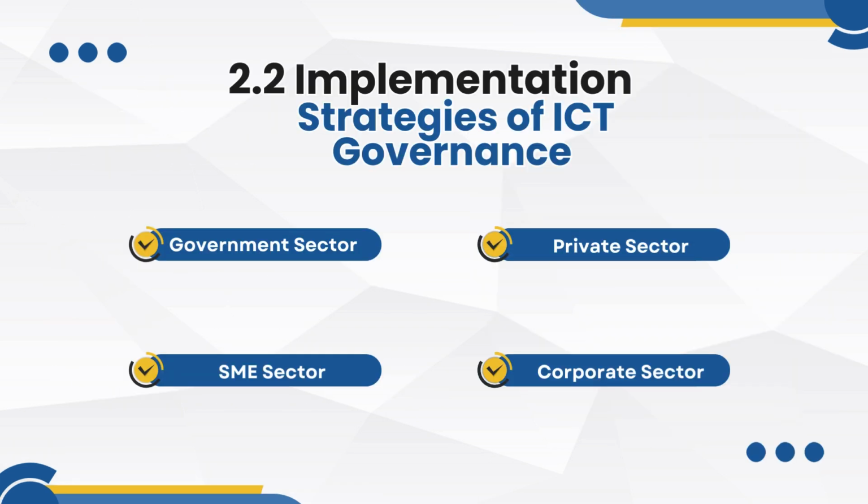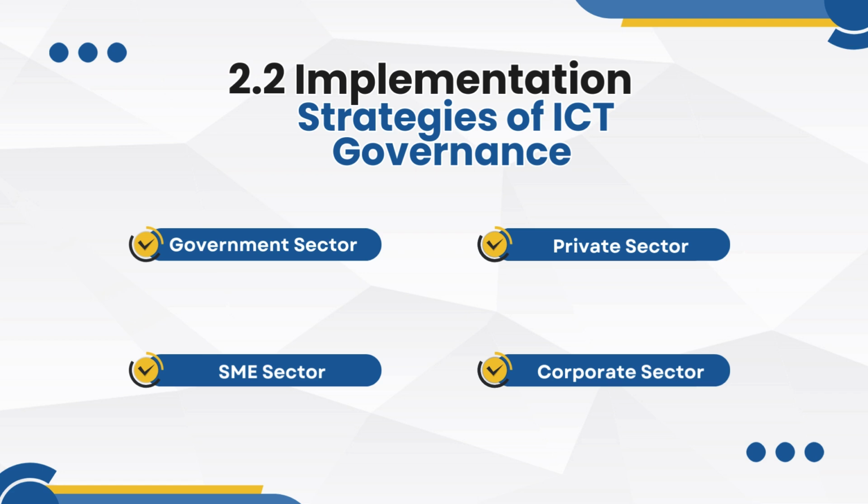ICT governance is not the same for every industry. Different sectors have different needs. For the government sector, governments focus on security, compliance, and public services. In the private sector, companies use ICT governance to reduce IT risk and improve efficiency.